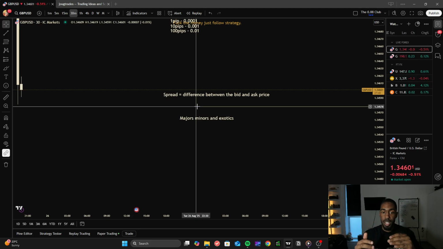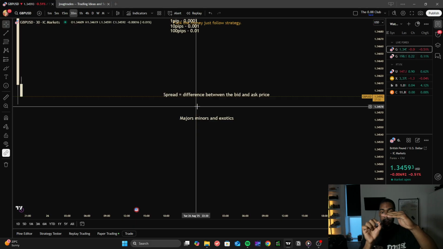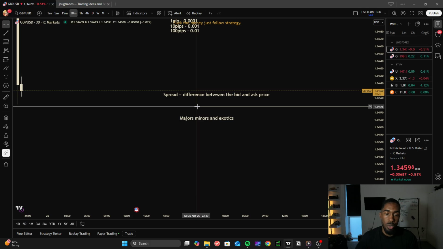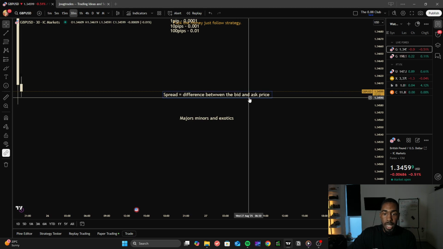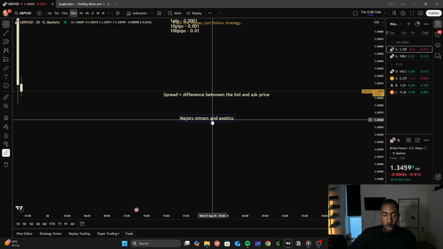So when you get filled, say like here, you need to move a few pips to be in profit, and brokers actually profit off that little movement. Long story short, you need to know that spreads equal the difference between bid and ask price. Cool.